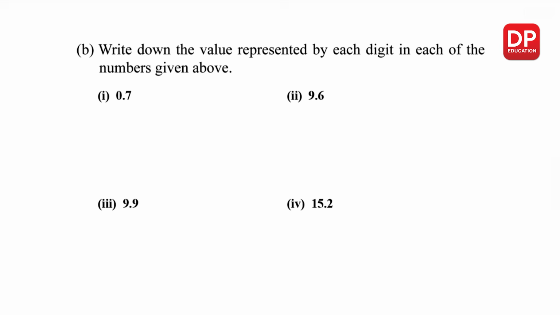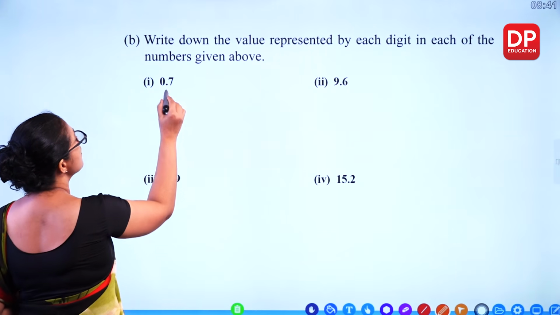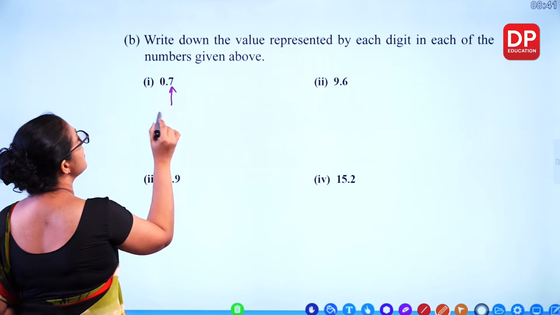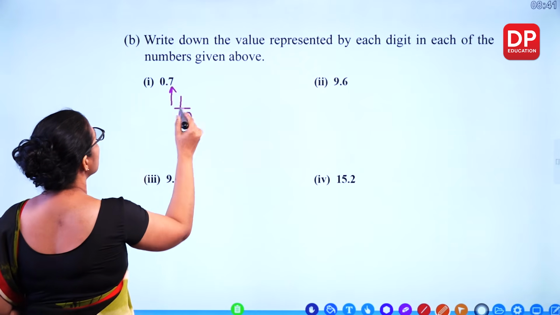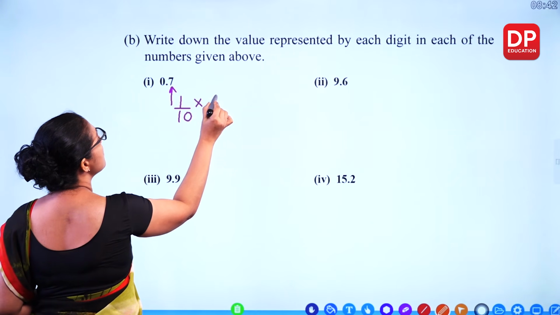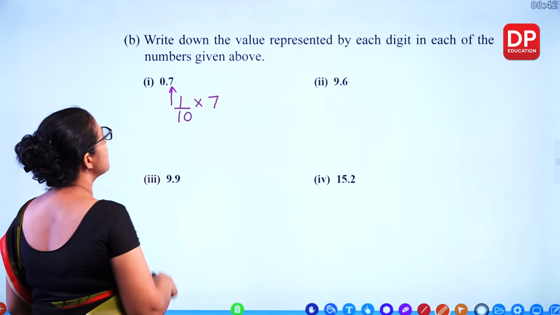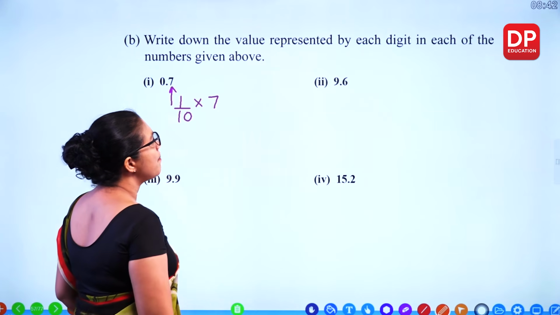Look at this one. Write down the value represented by each digit in each of the numbers given below. 0.7. So this is tens place, means 1 over 10 times 7 actually. 9.6.